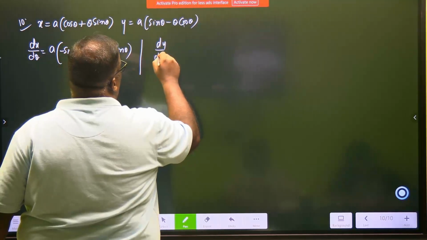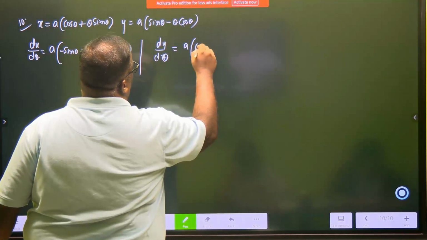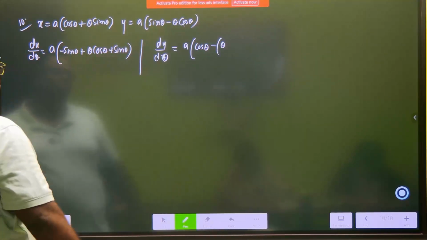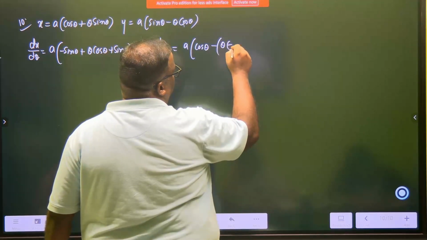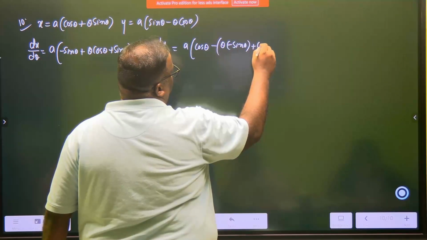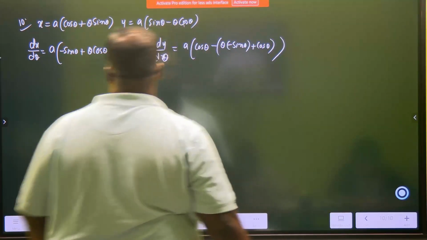Dy by d theta is equal to a common cos theta minus, again bracket open, theta minus sin theta, and again plus cos theta into 1.